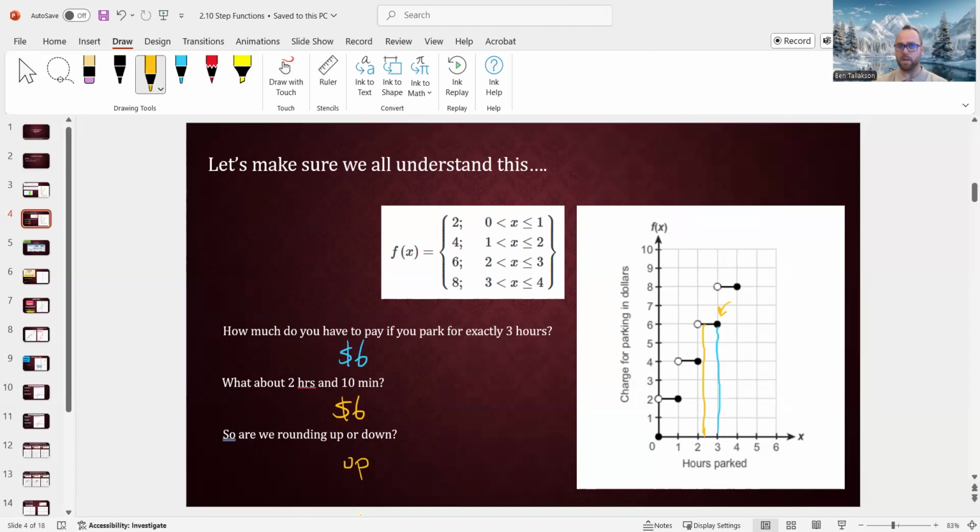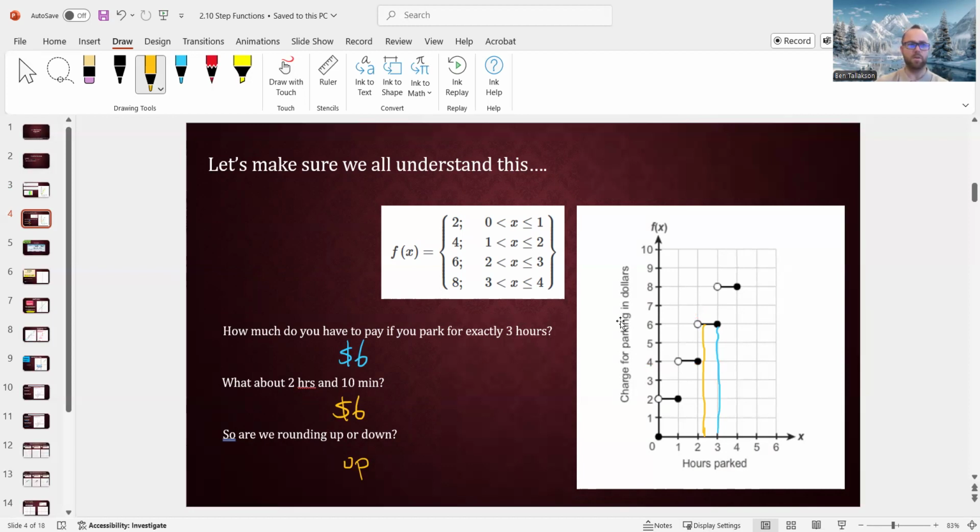Probably this guy, right? He's thinking, man, I just made it by the last minute. If I didn't get out at that last minute to make the 3 hour mark, I would have had to pay $8. And then the person orange line here, parked for 2 hours, 10 minutes, they're thinking, man, if I just left 10 minutes earlier, I would have only had to pay $4.